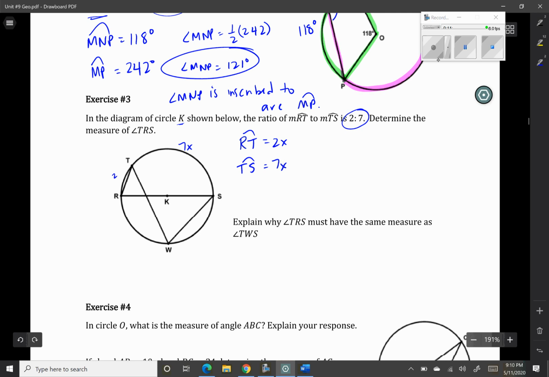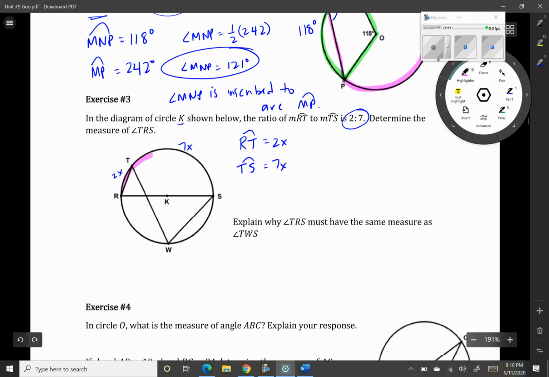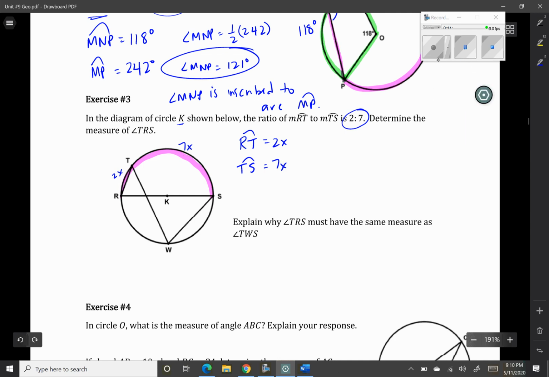RT is 2x. Now, if I look at just those two arcs together, from R all the way around to S, that's a half of a circle. Well, how many degrees is a half of a circle? 180. So I could say one arc plus the other arc is equal to 180.